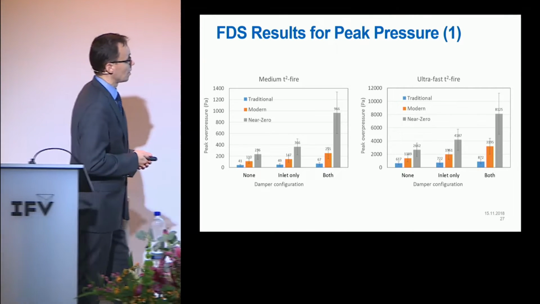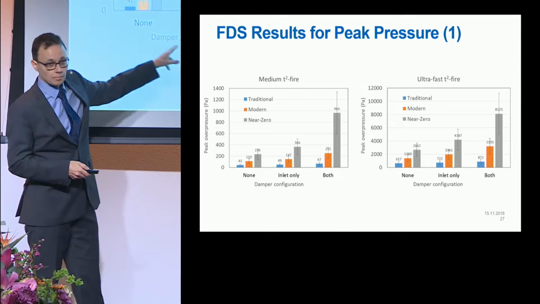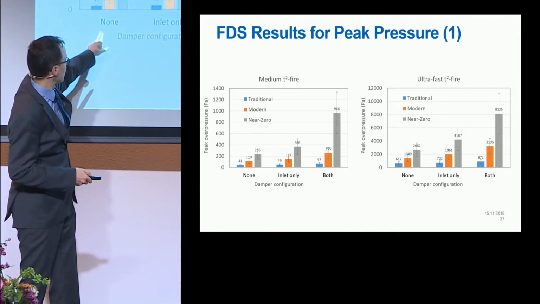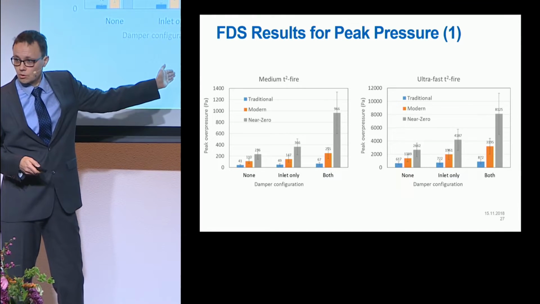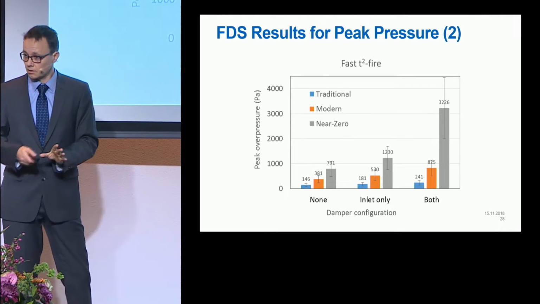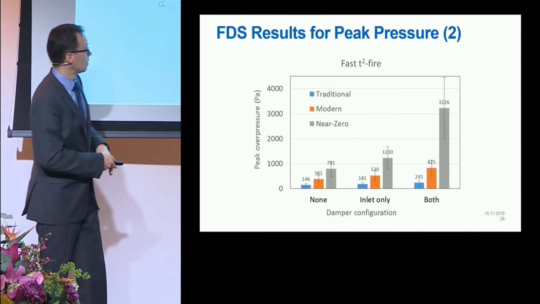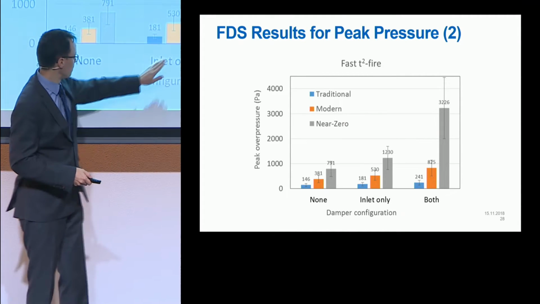Okay? We measured the simulated peak pressures in many different configurations with different fire growth rates. Let's look at the results from the fast T-square fires. We have 3 different configurations of dampers.